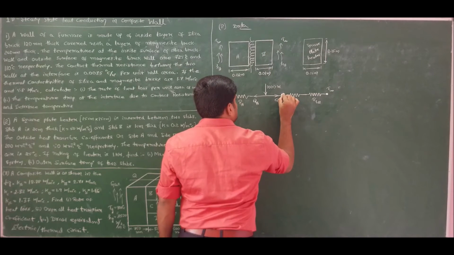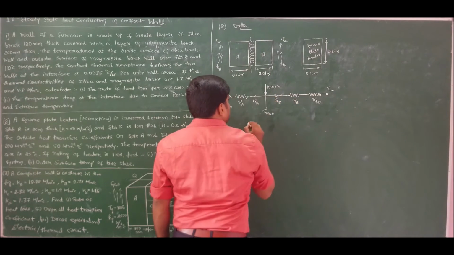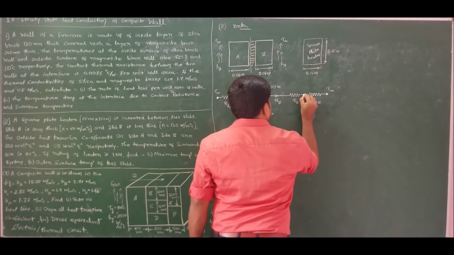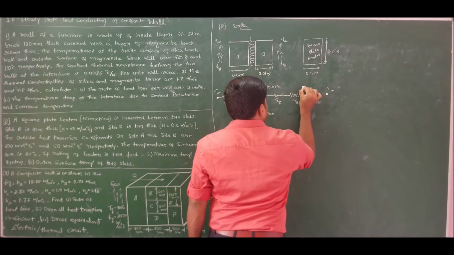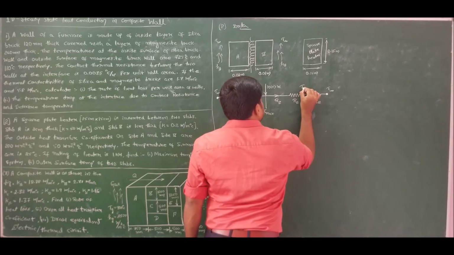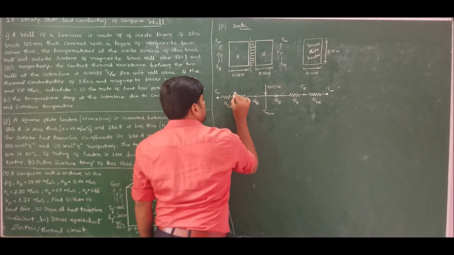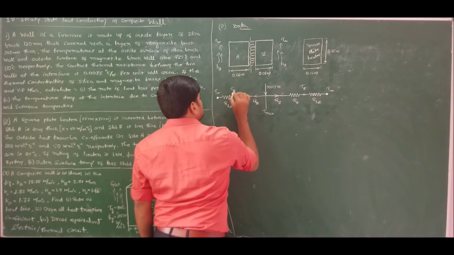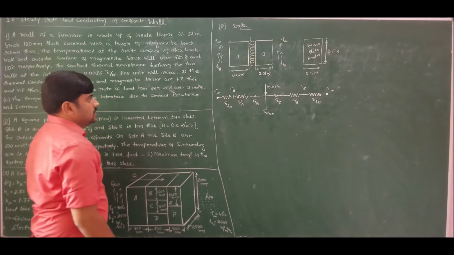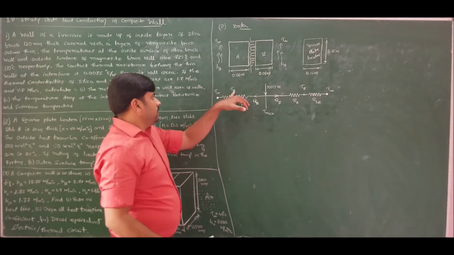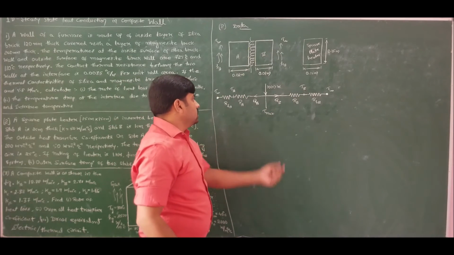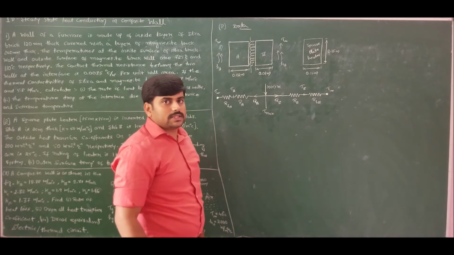Let us take this as T max, the maximum temperature, and here we have the temperature of surface B, and here the temperature at surface A. So now I want to find the values of TA and TB, and also the maximum temperature.